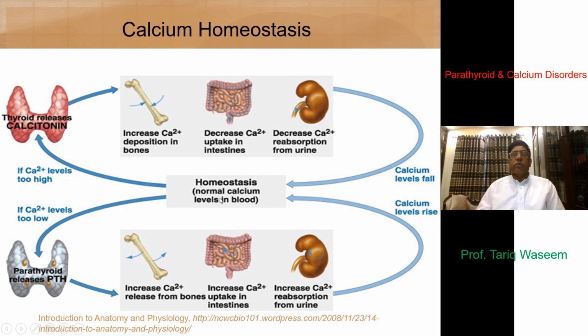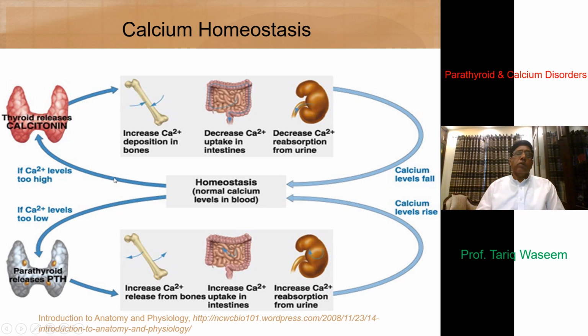Whenever the calcium level is decreasing, this stimulates the parathyroid glands, which leads to increased release of calcium from the bone, increased absorption from the gut, and increased absorption from the kidneys. But when the calcium level is quite high, what does it do?